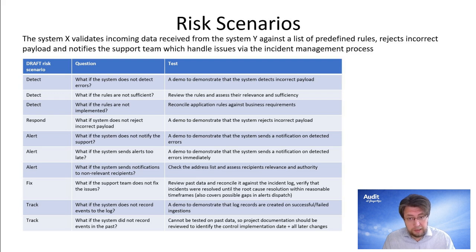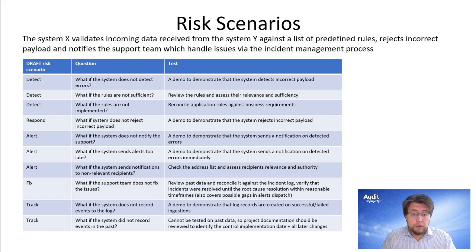Fixed step, that's very important because we need to ensure that the system not only rejected the payload, but also someone came and fixed it, and the message finally reached the system Y and was recorded in its database. And for instance, our management reporting is not impacted.